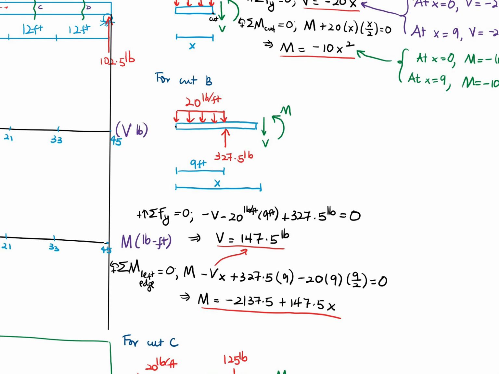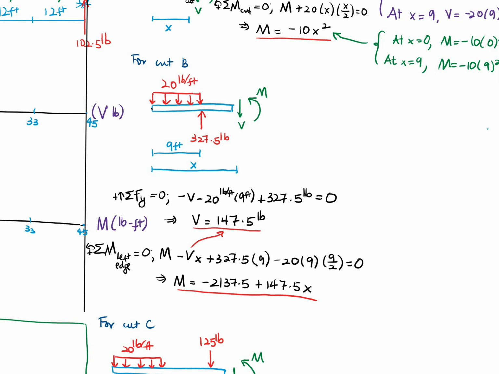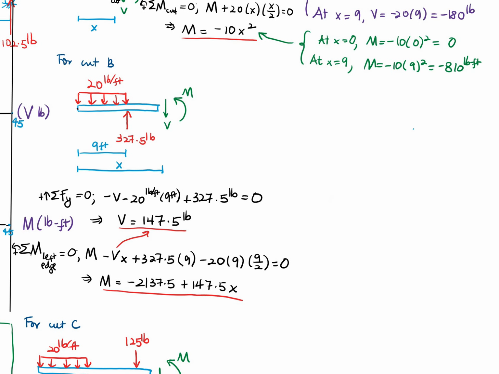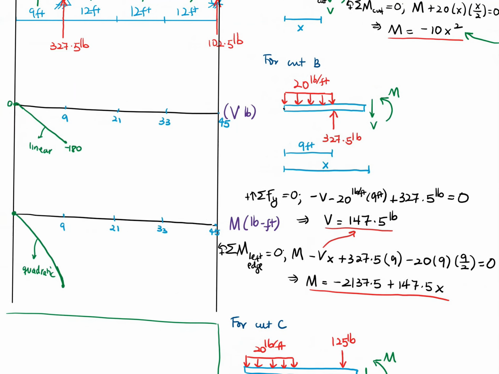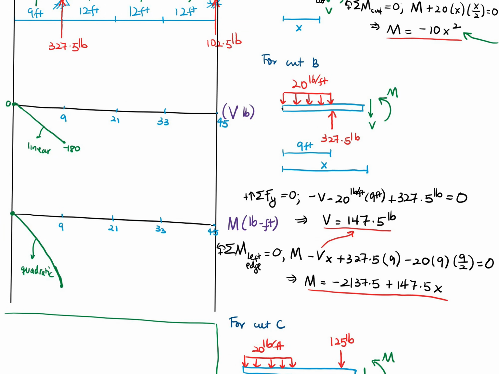We're going straight to the next section, part B, where we are starting from 9 and going to 21. So at x equals 9, V equals 147.5 pounds. And I'm sure you're wondering how we even deal with something like that. It just means that there's a discontinuity.